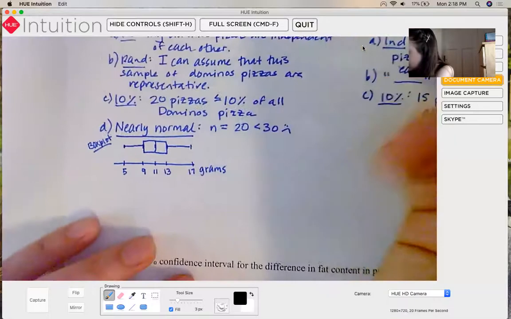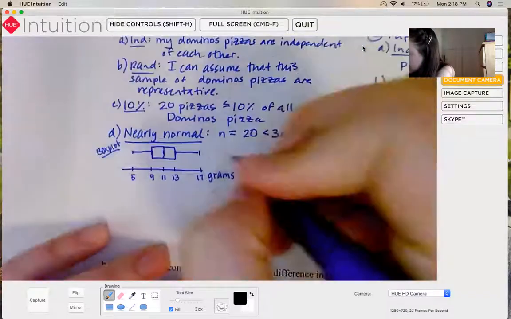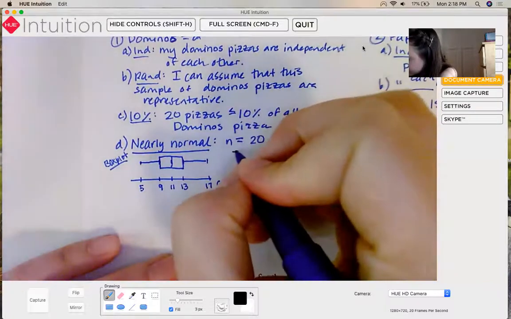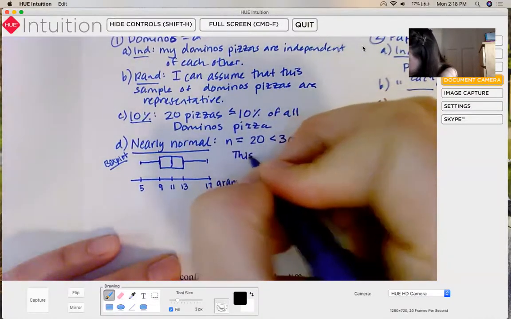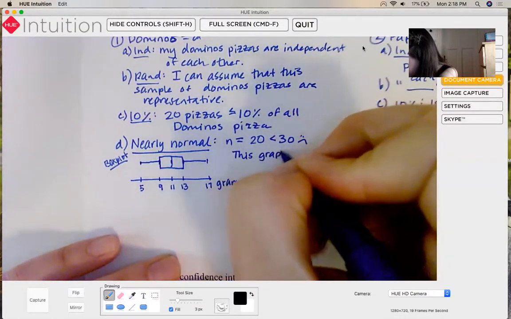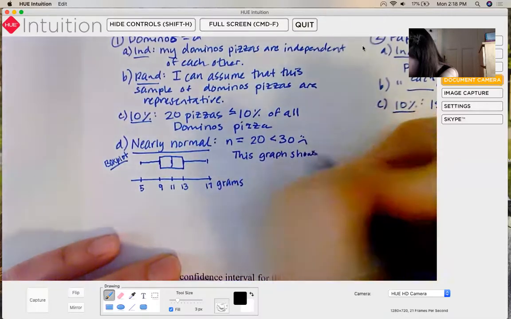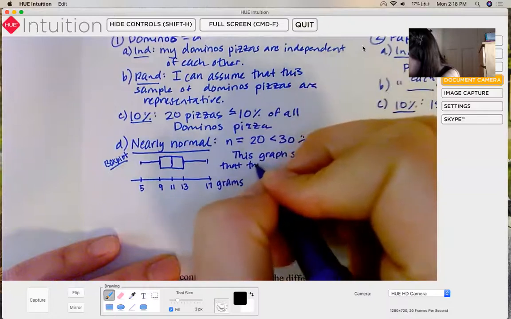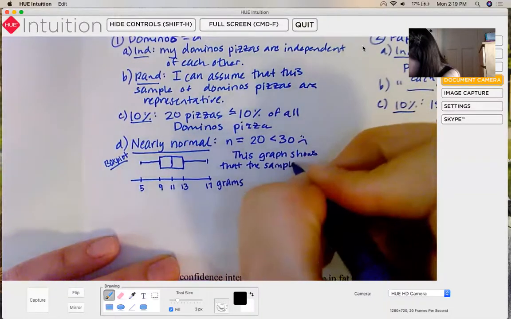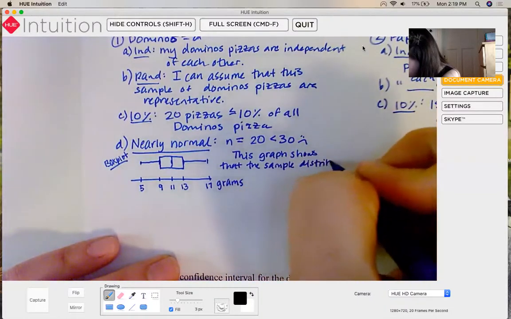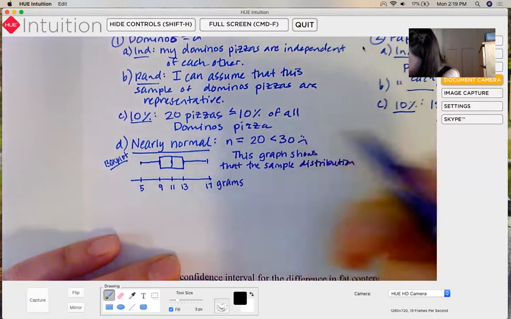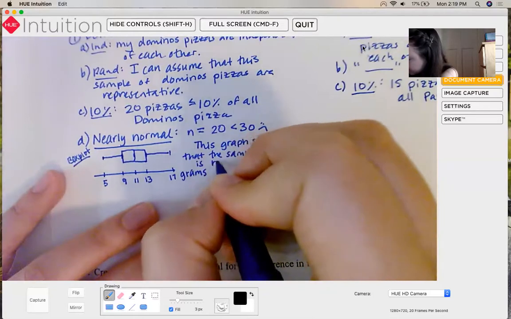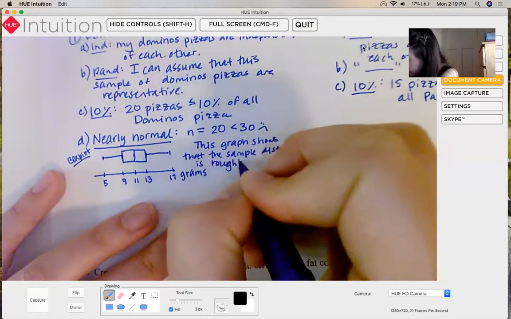So I could say that this graph shows that the sample distribution, because this is based on a sample, is roughly symmetric.